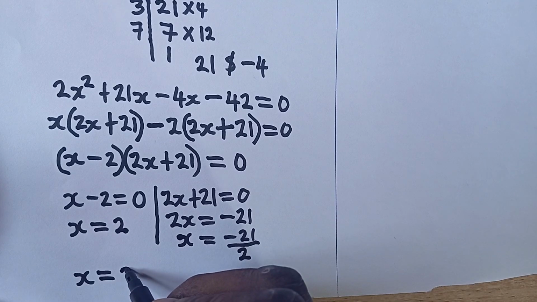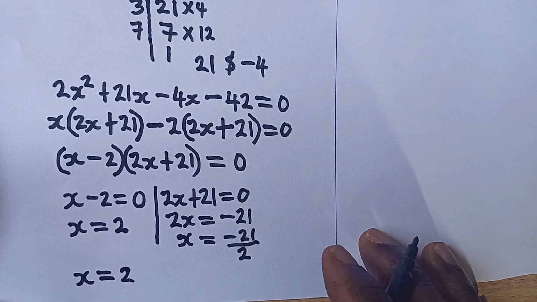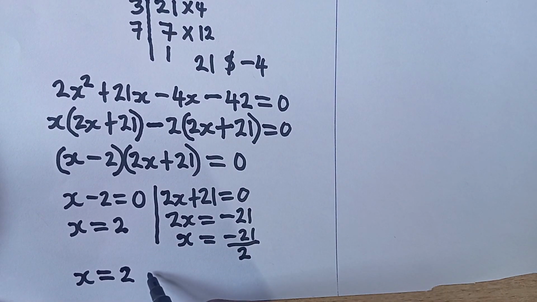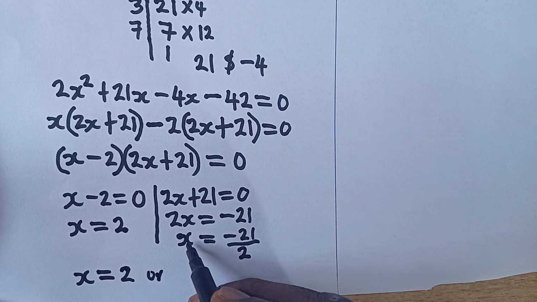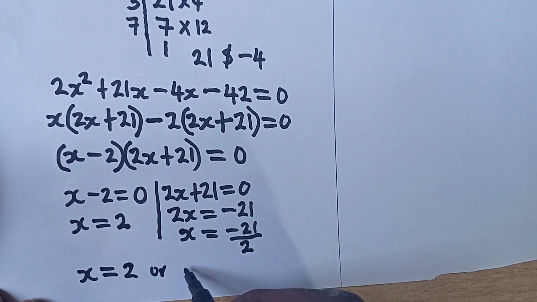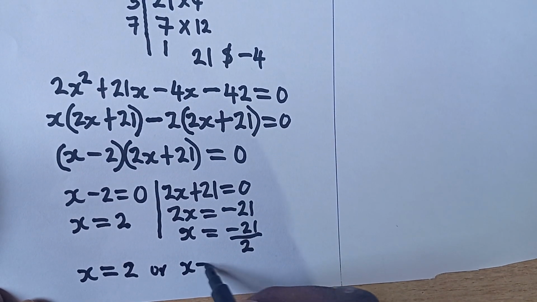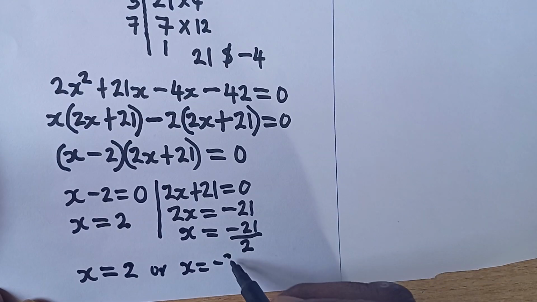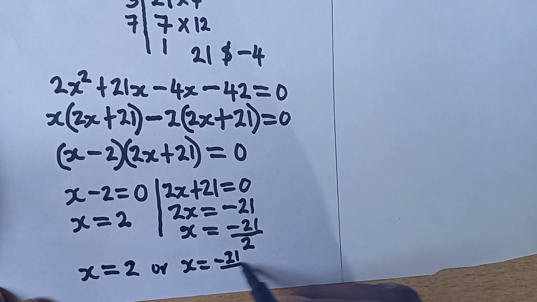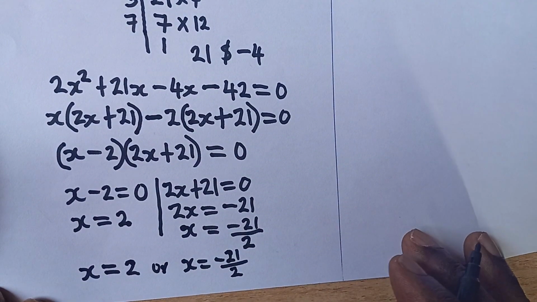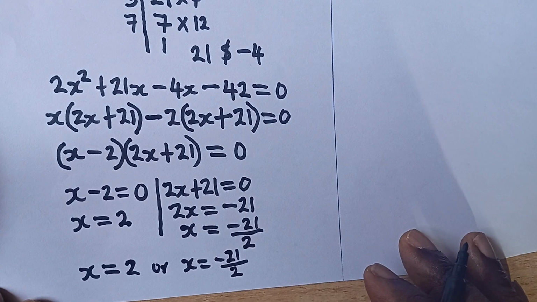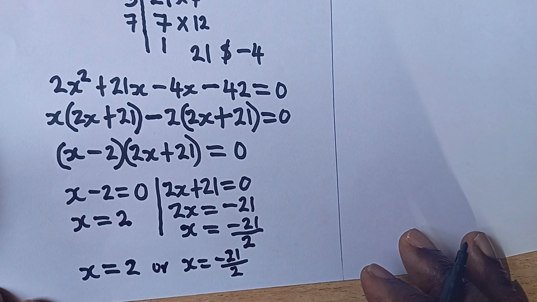That is one of the answers. Then, we take this second value, which gives us x is equal to minus 21 all over 2. So these are the two values for this equation.